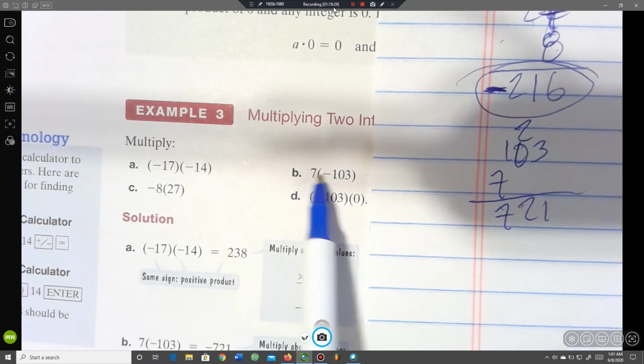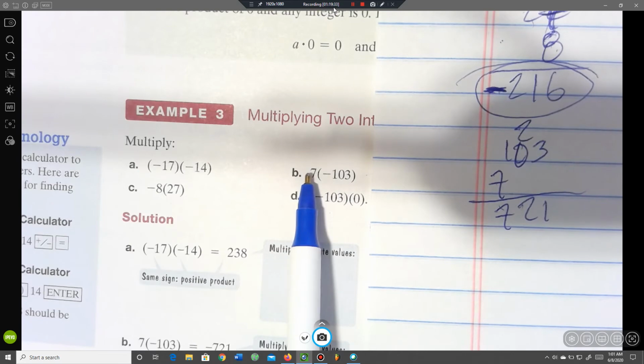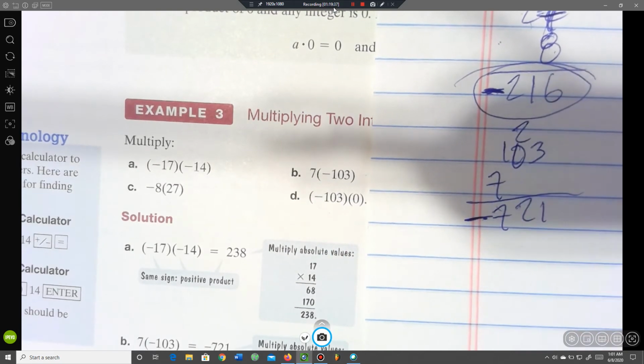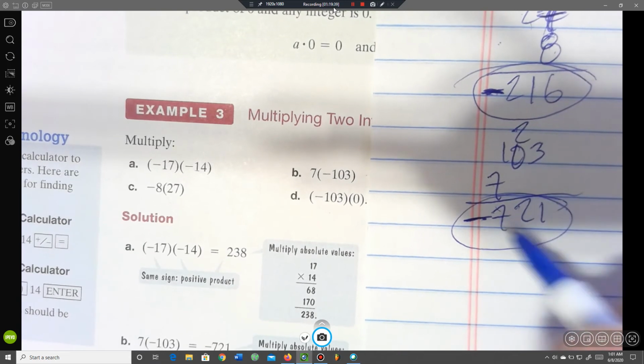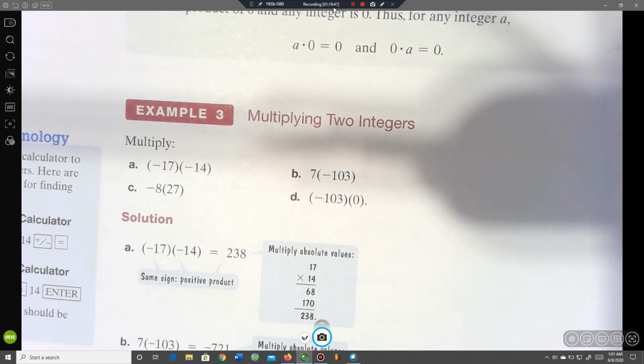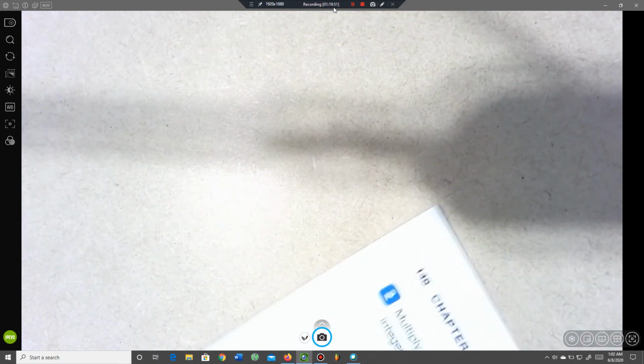To go back and look at your signs, see if you need to make any changes. Well, I'm multiplying a positive and negative value. Should get a negative answer. All right. So the answer is negative 721. And let's move on. That's the end of that.